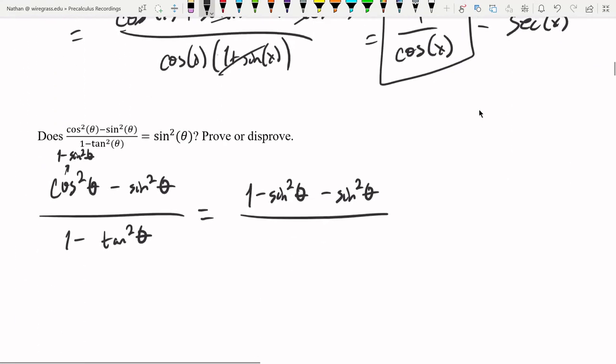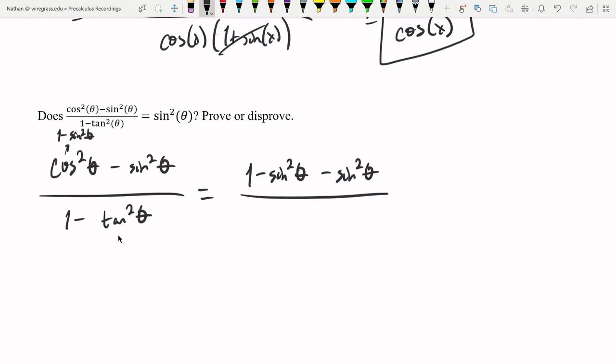But I have 1 minus tangent squared. So if 1 plus tangent squared equals secant squared, then tangent squared equals secant squared theta minus 1. So this is just going to be secant squared theta minus 1.